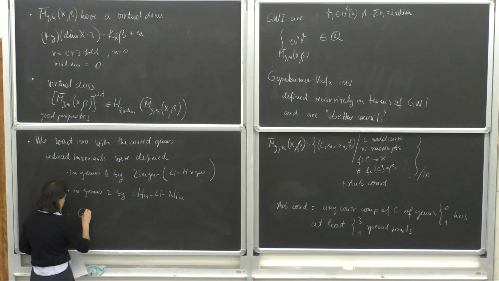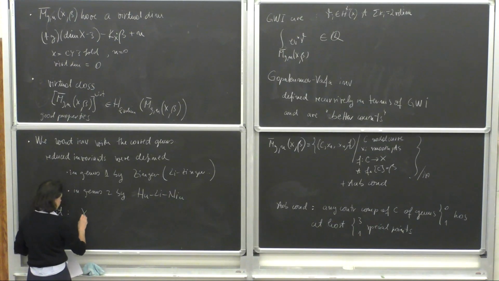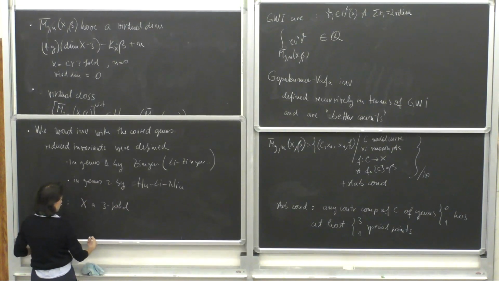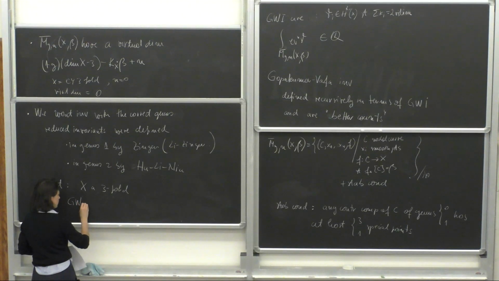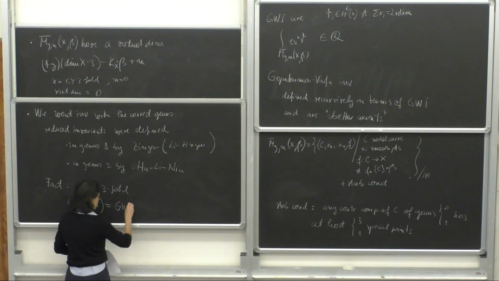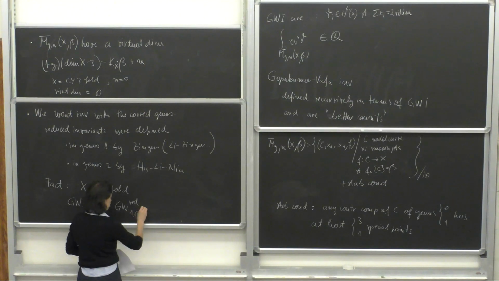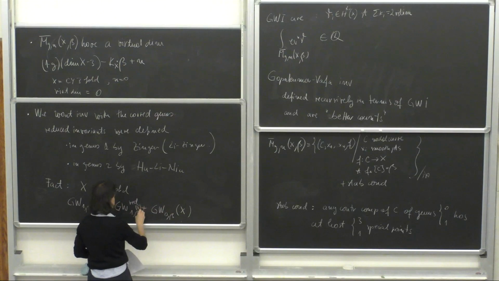So if I have X a threefold, it doesn't have to be Calabi-Yau, and I look at Gromov-Witten invariants of genus 1 of some beta of X, these are something which I will define in genus 1, plus Gromov-Witten invariants of genus 0, beta of this X. Sorry, I forgot the X here.